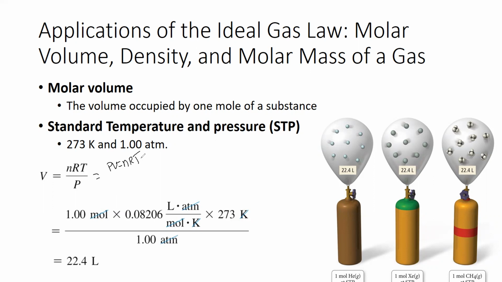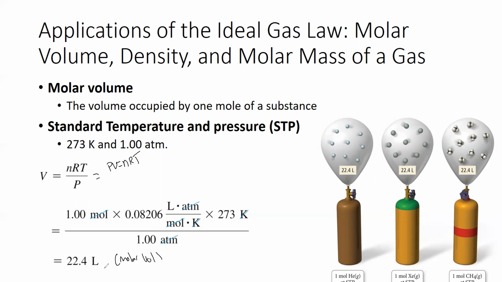R is a constant. Temperature, standard STP, is 273. Pressure, 1 atmosphere. So the volume, and this is also the molar volume, of a gas at STP is always 22.4 liters.